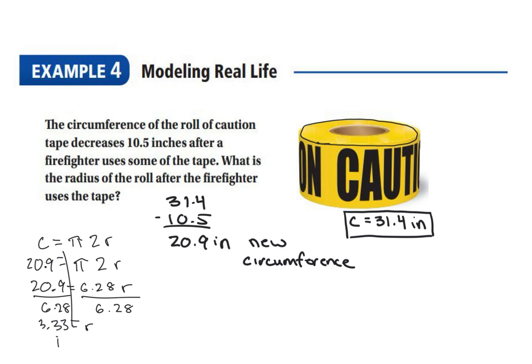And our label would be inches. And the question says, what is the radius of the roll after the fighter uses the tape? And that's what we got. 3.33 inches is our new radius. And radius is from the center to any point of the circle.